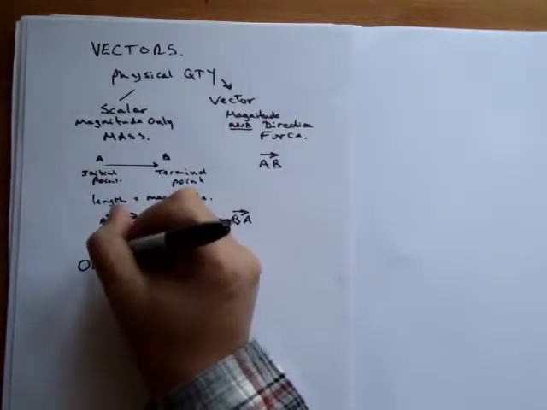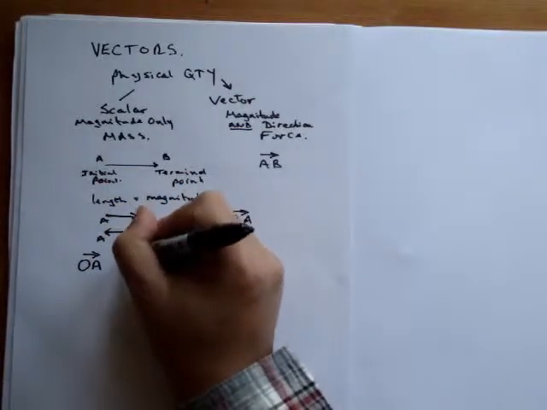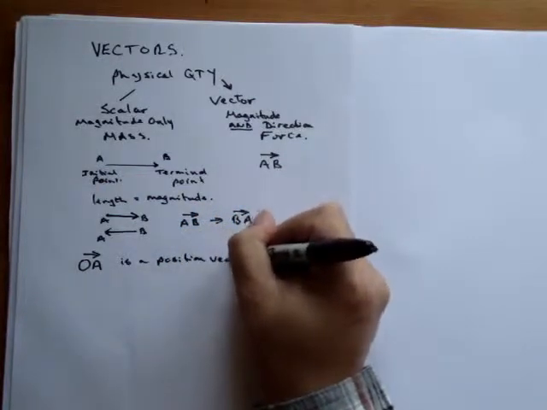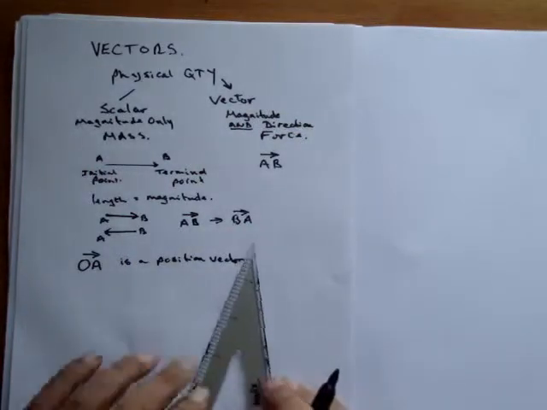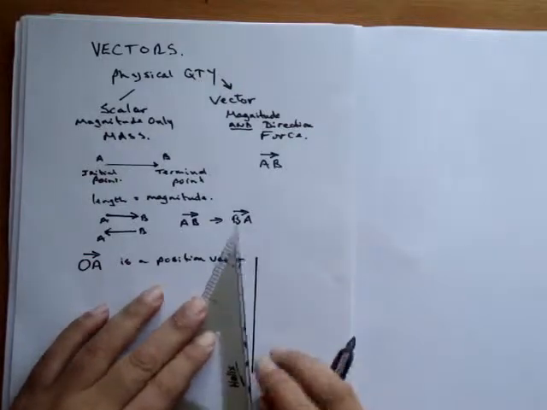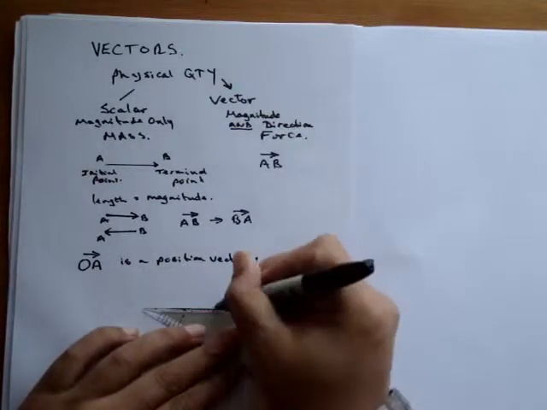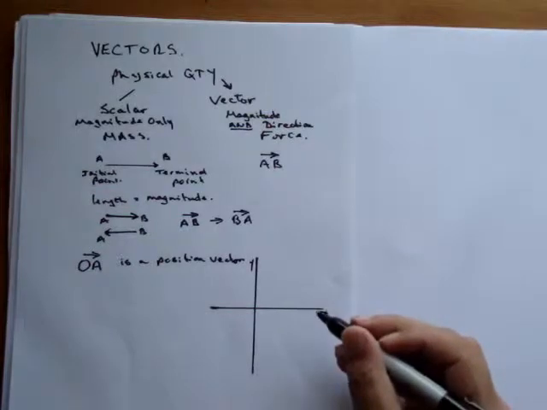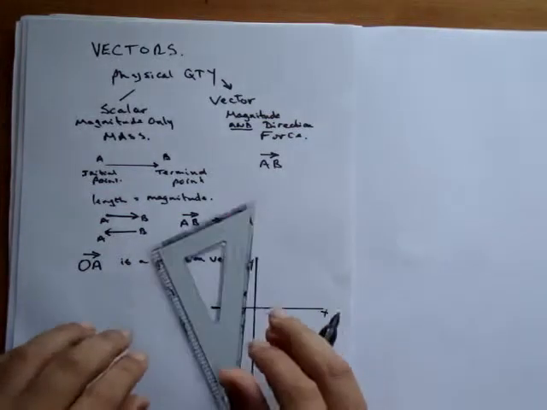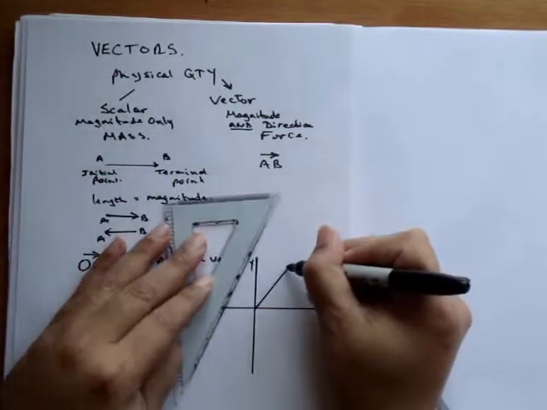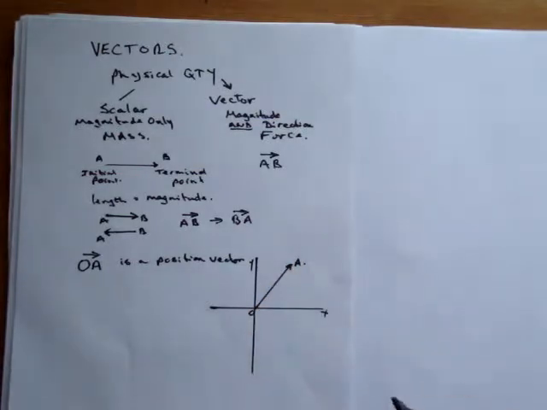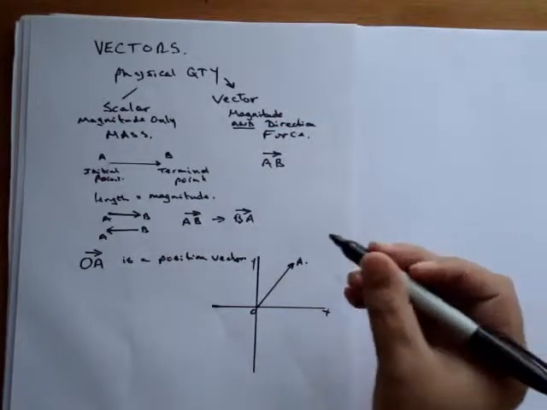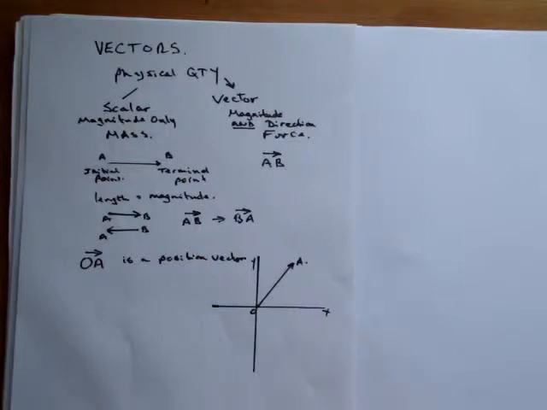If we have a vector OA, this is a position vector, and what that means is we go from an initial point O, so if we draw our x and y axes, this is our x-axis, this is our y-axis, from an initial point O, which is our origin, to a point A. So this A would be our terminal point. So OA is a position vector as shown here.